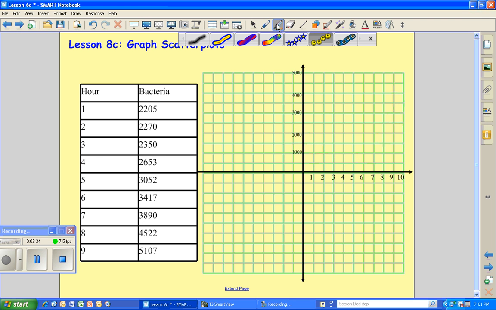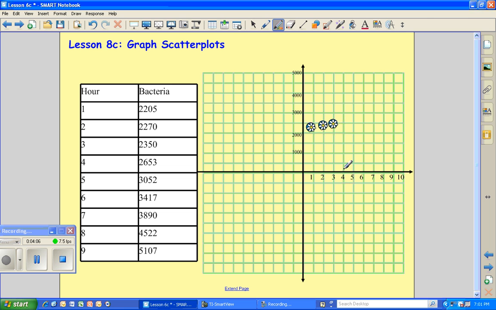All right, here's another set of data. Much bigger numbers, 1, 205. Let's move that over because it's at 1. 2, 2270, so it's going to be very close. 3 is 2350.